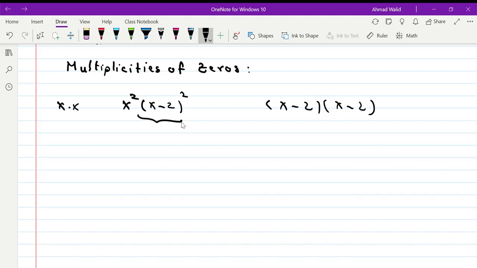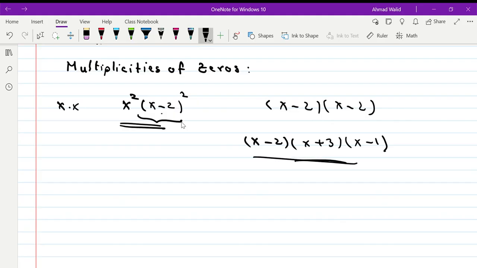Now, what is happening to the graph if two factors are the same, or if you have only one factor? What is the difference between this example and maybe this example, x minus 2 times x plus 3 times x minus 1?